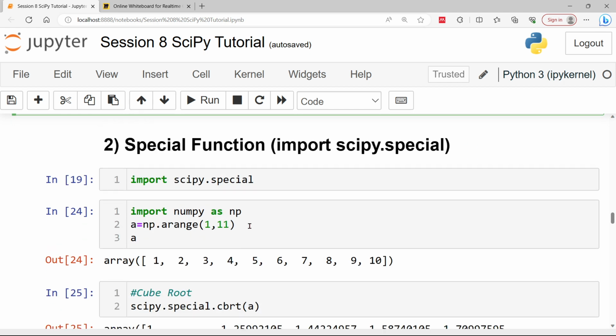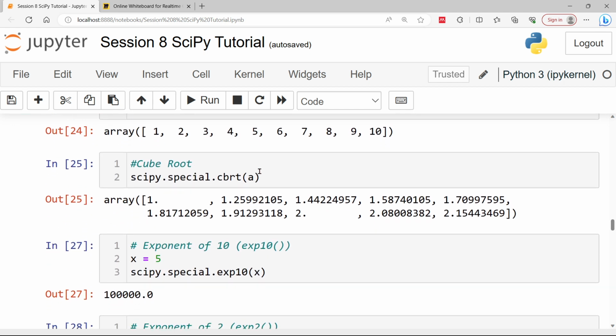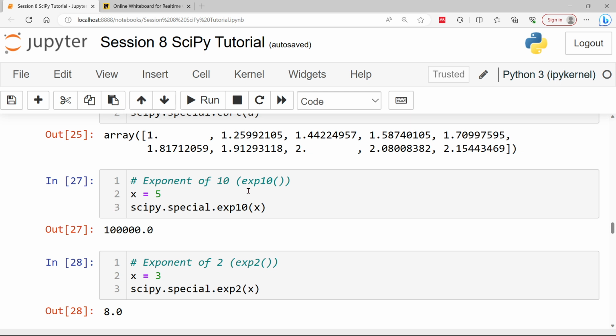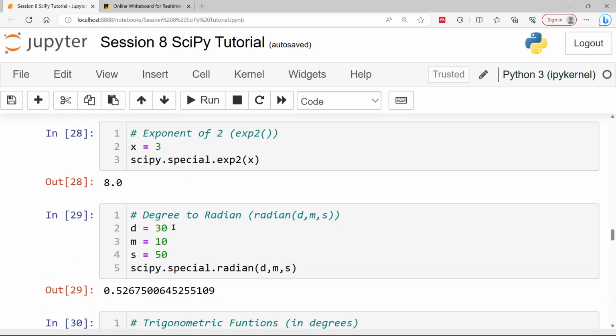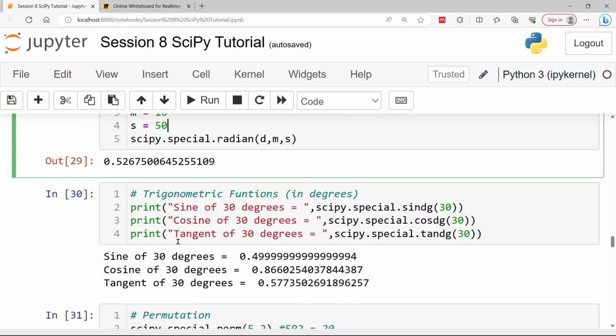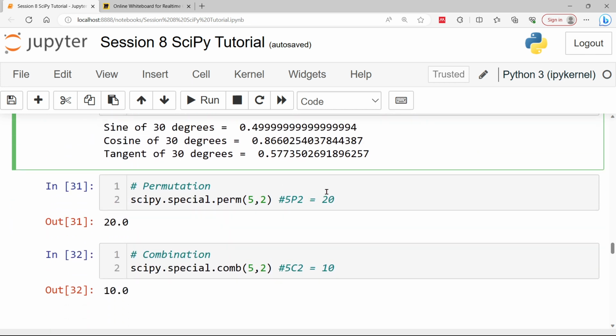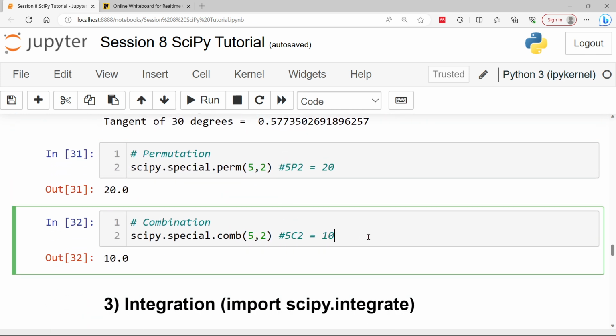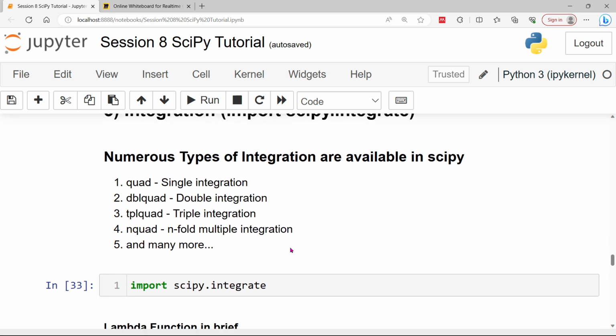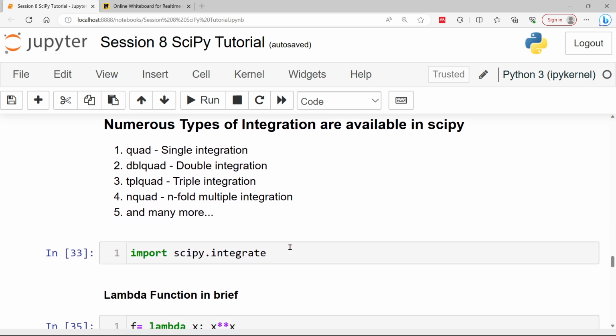Special functions include the range, cube root, exponential of 10, exponential of 2 value, then radian value functions, trigonometry functions sine, cos, tan, and then we have permutation and combination, direct formulas, no user defined equations are required. And then we have integration, respective integration functions, dedicated functions for single integration, double integration, triple integration, and so on.